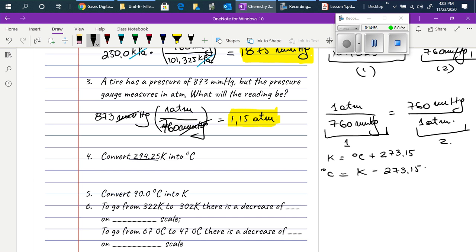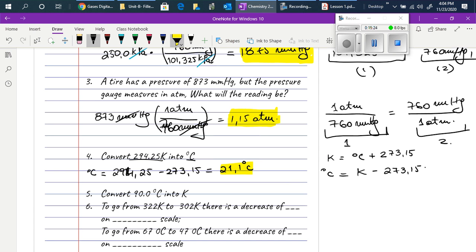So now we have Kelvin, and we will convert it into degrees Celsius. Degrees Celsius will equal 294.25 minus 273.15, and this will be 21.1 degrees Celsius.